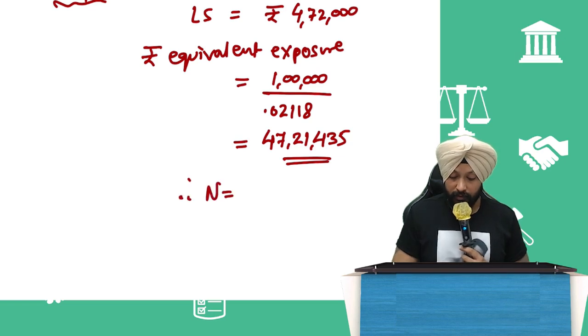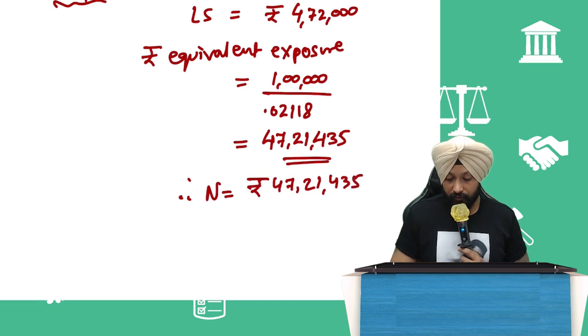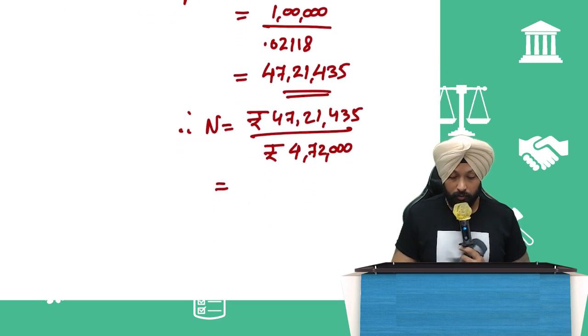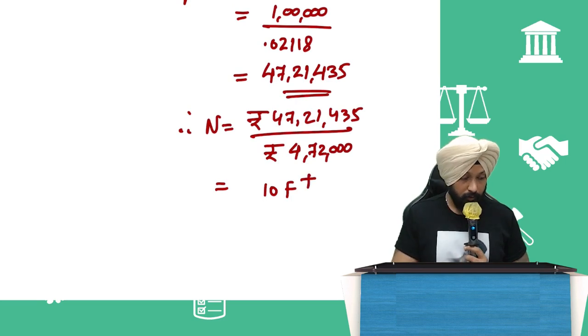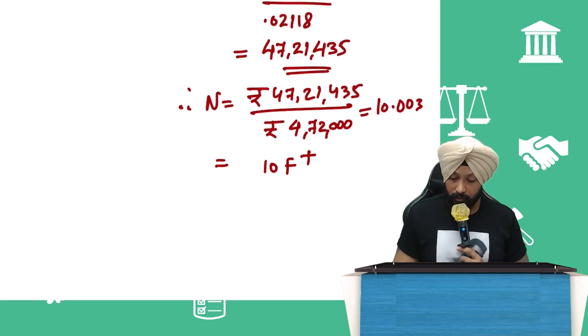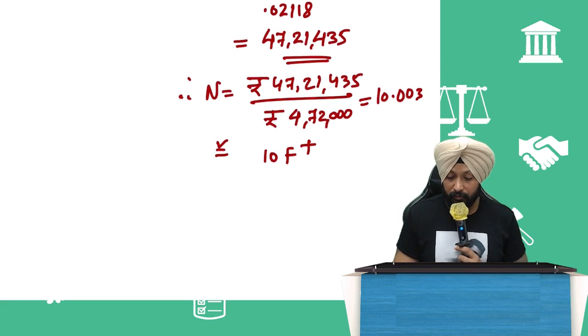Therefore, number of contracts is equal to rupees 47,21,435 divided by rupees 4,72,000, which is 10 plus. What was the exact value you were getting? 10 point? Okay, this is almost same. So 10.03, approximately we have taken 10 plus.